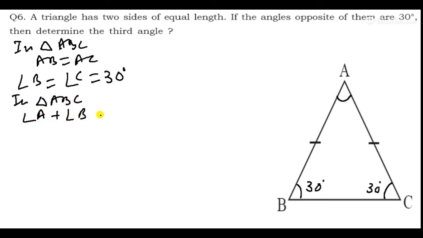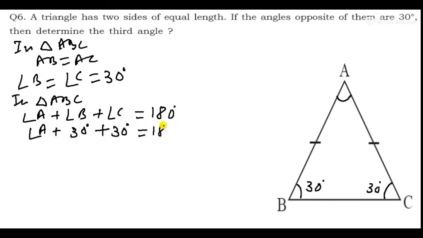In triangle ABC, angle A plus angle B plus angle C is equal to 180 degrees. Do you know angle A? You don't know. Angle B is 30 degrees and angle C is also 30 degrees. So angle A plus 60 degrees is 180 degrees.